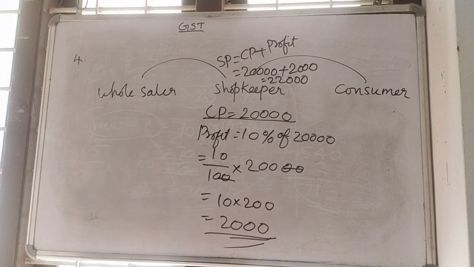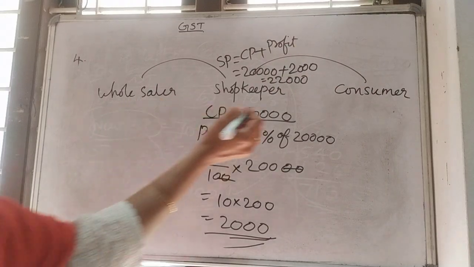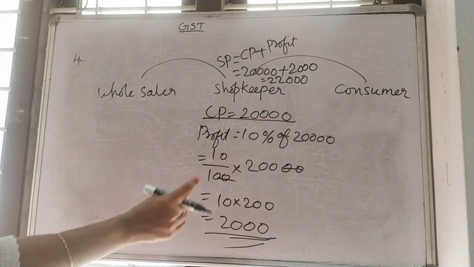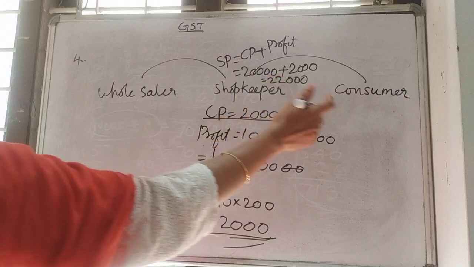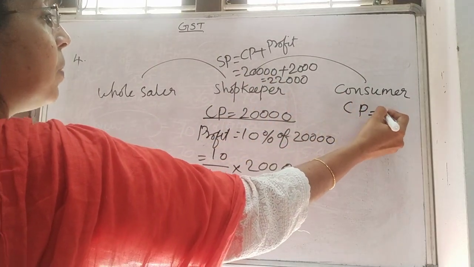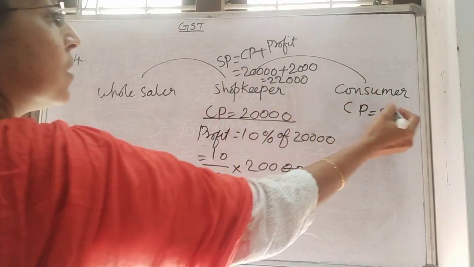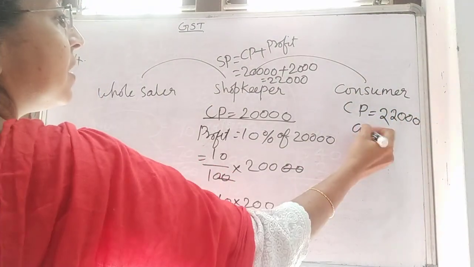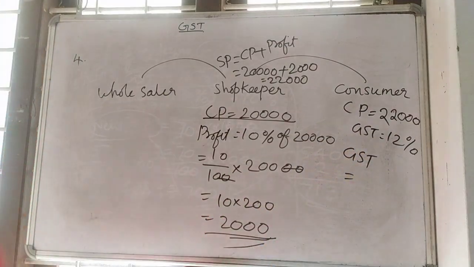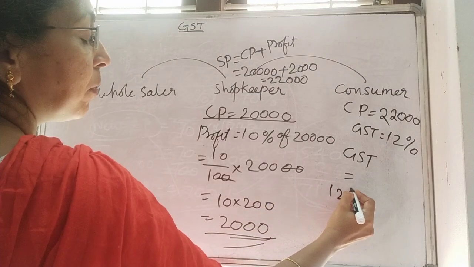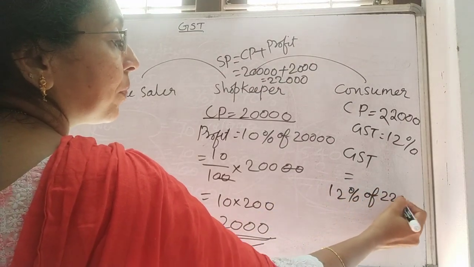So what will be the GST paid by the consumer? It will be 12%. The selling price of the shopkeeper is 22,000, so the cost price of the consumer will be the same, 22,000. And GST is 12%. So GST in rupees will be 12% of 22,000.